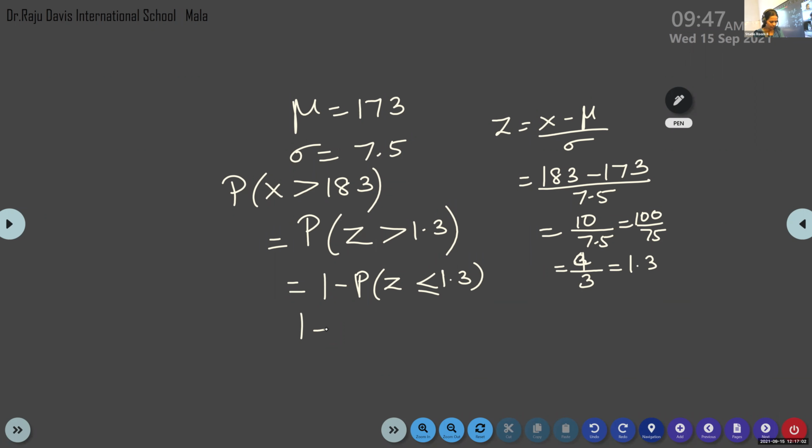Aishwarya, what is F of 1.33? 0.9032. So what is the answer? 1 minus 0.9032.